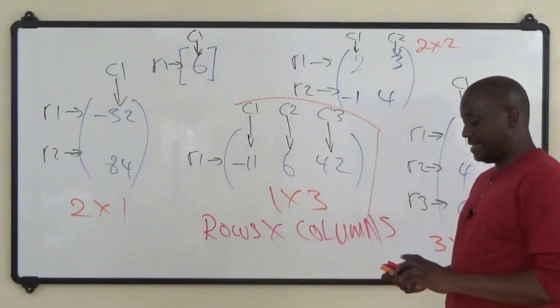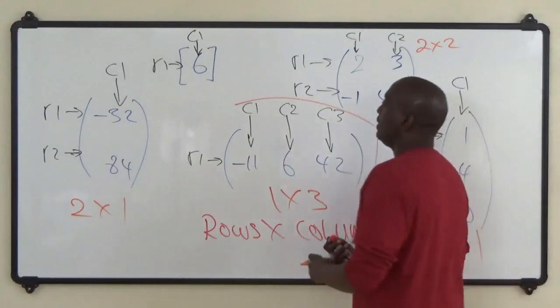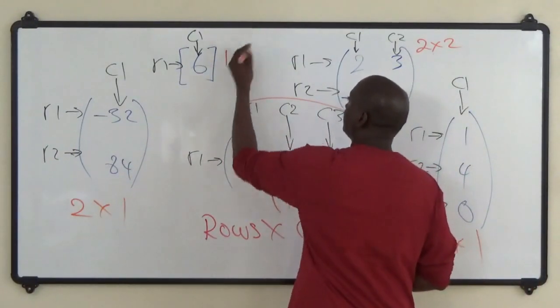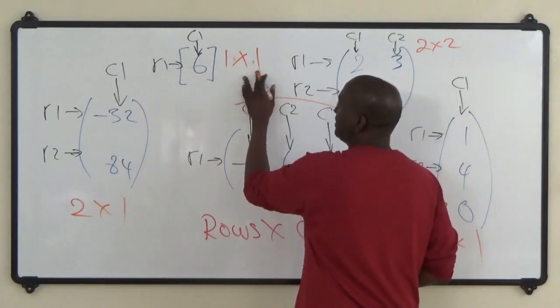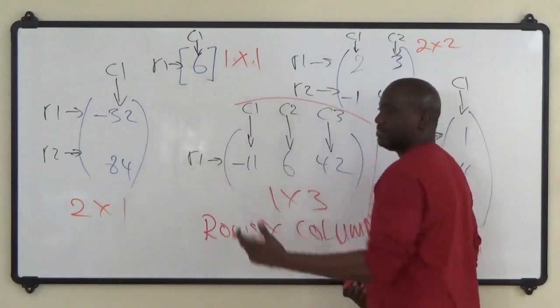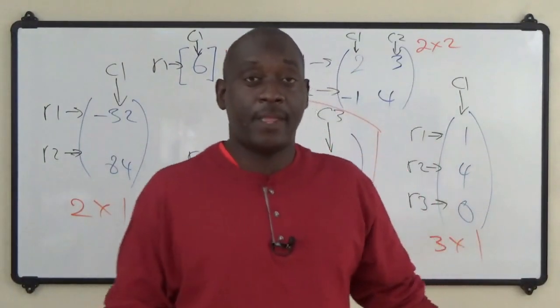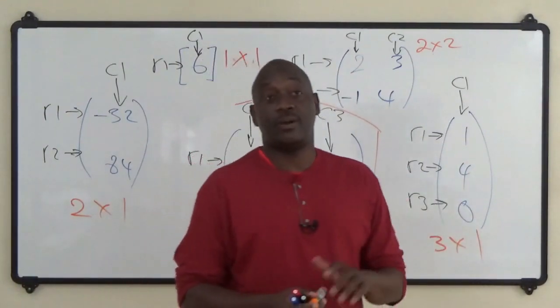So an integer is an example of what we can call a 1 by 1 matrix. All right? Of course, we don't usually expend any energy to talk about a matrix being a 1 by 1. A 1 by 1 matrix is just an integer. But that is just knowledge, something for you to be aware of.